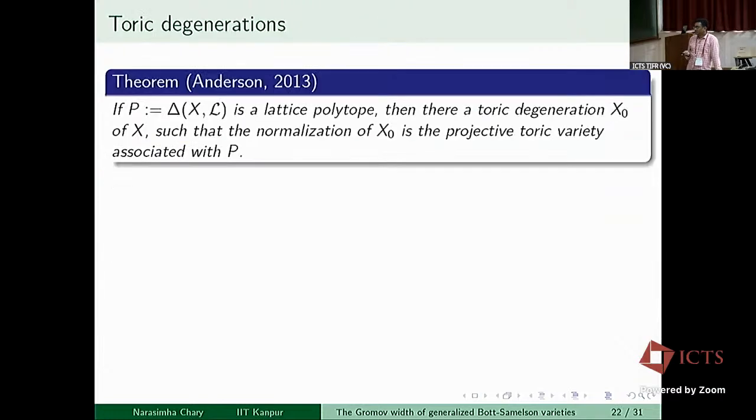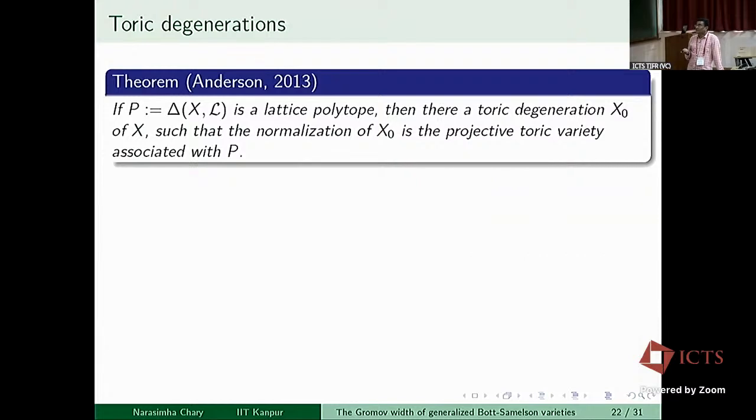But if this Newton-Okounkov body is actually a lattice polytope, then you get a toric degeneration. This is a result of Anderson. So what is your goal? If you want to find the Gromov width of your object, you have to find a nice toric degeneration, which can be given by this Newton-Okounkov body.